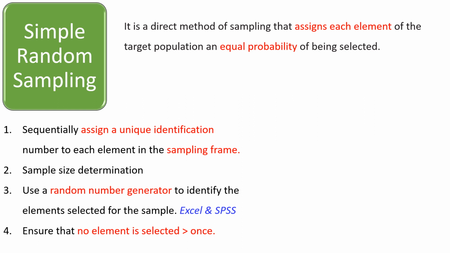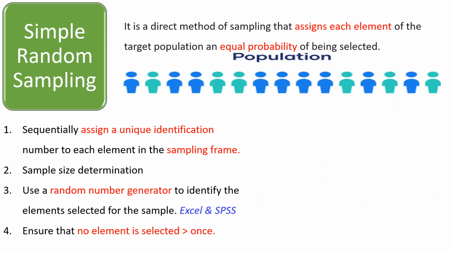So let's take one example and apply these procedures. For example, if this is a population or a sampling frame, the first step is to assign an identification number to each element. Let's assign 1, 2, 3, 4, 5 up to 15.